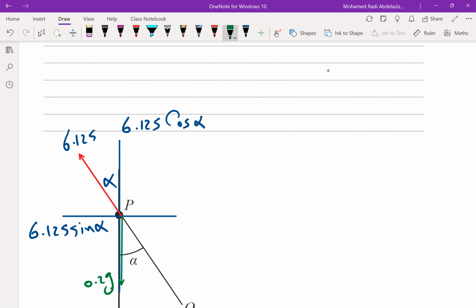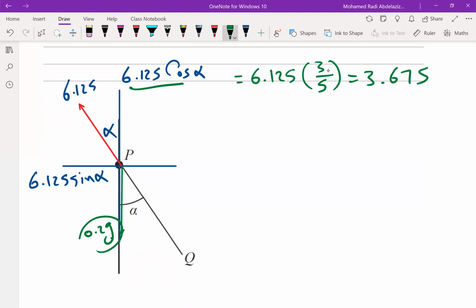If you calculate now the value up, 6.125 multiplied by cosine alpha, which is 3/5, this value is 3.675.